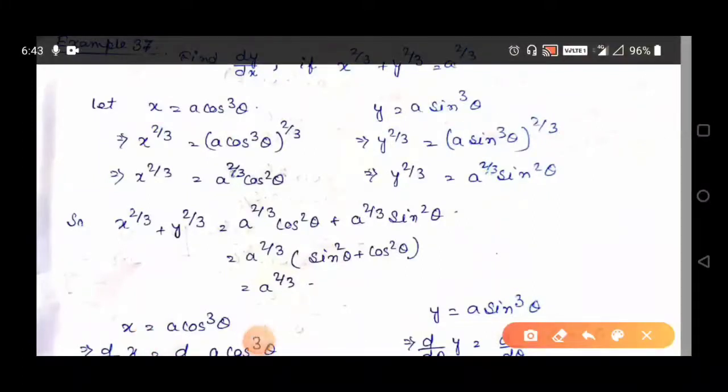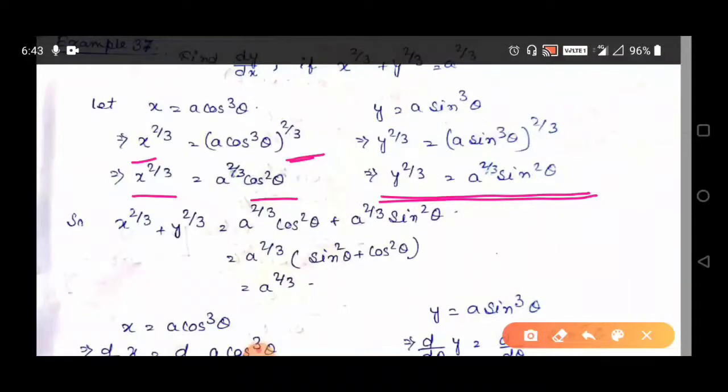Now see, x to the power 2 by 3 is equal to a cos cube theta to the power 2 by 3. So from here we will get x to the power 2 by 3 is equal to a to the power 2 by 3 cos square theta. In the same way, from here also we will get y to the power 2 by 3 is equal to a to the power 2 by 3 sin square theta.